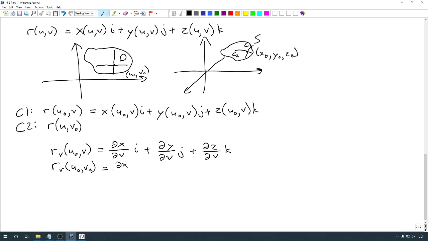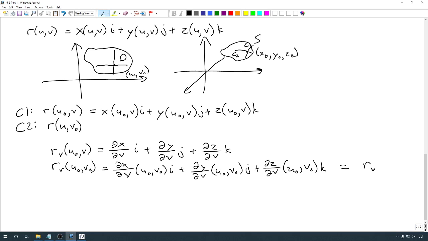So technically, all these derivatives are at u naught, v naught. Though a lot of times we are just going to refer to this vector as r sub v.